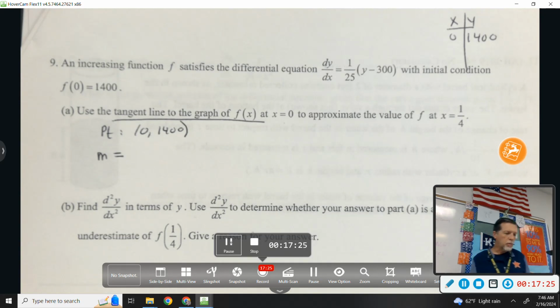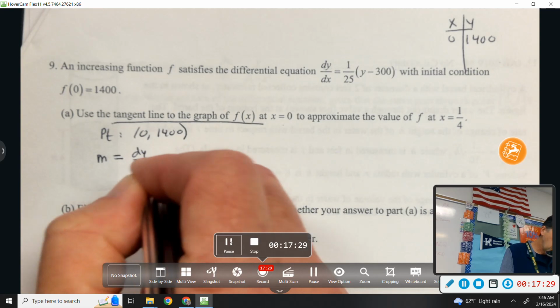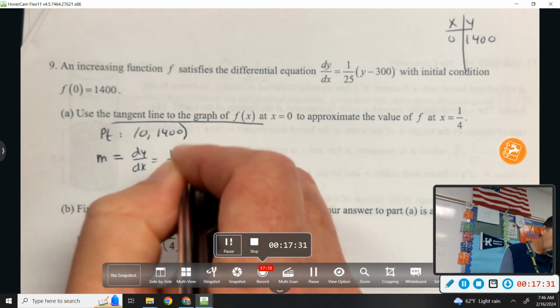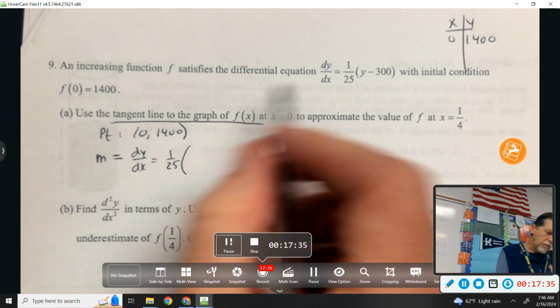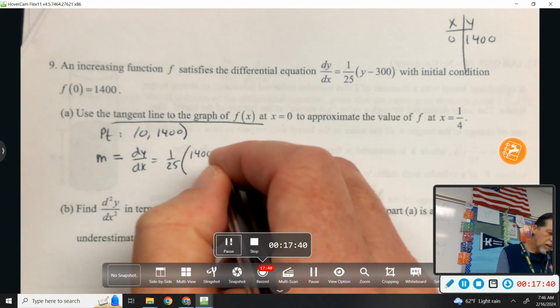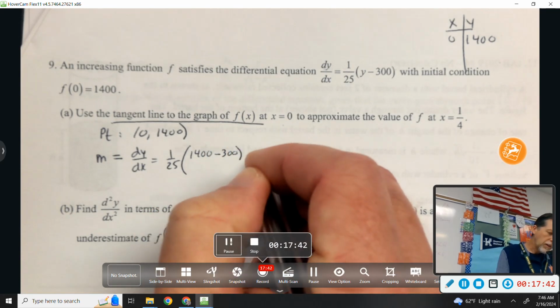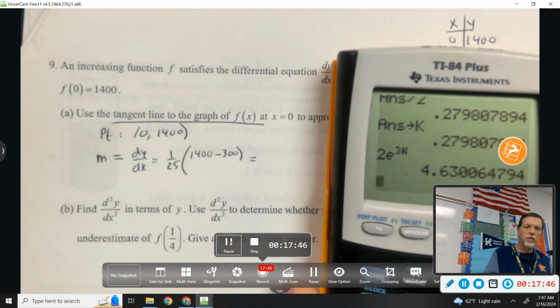The slope is the same thing as dy/dx. So I can just plug in y is 1400. 1400 minus 300. I'm thinking this would be a calculator problem, just to make your life a little easier.